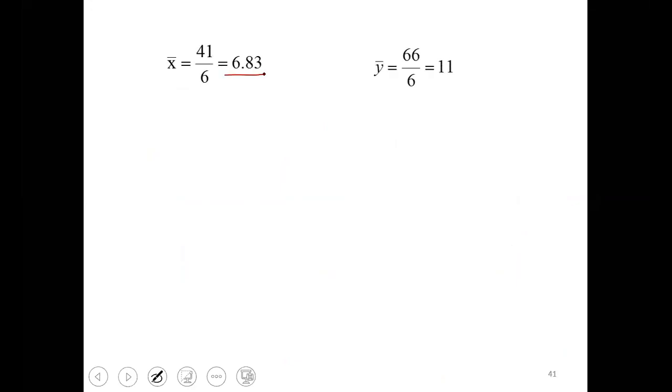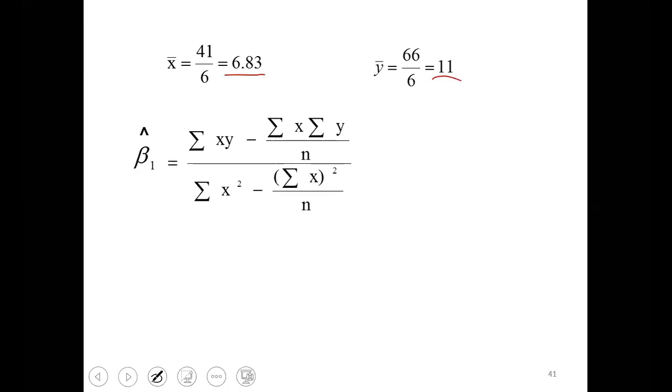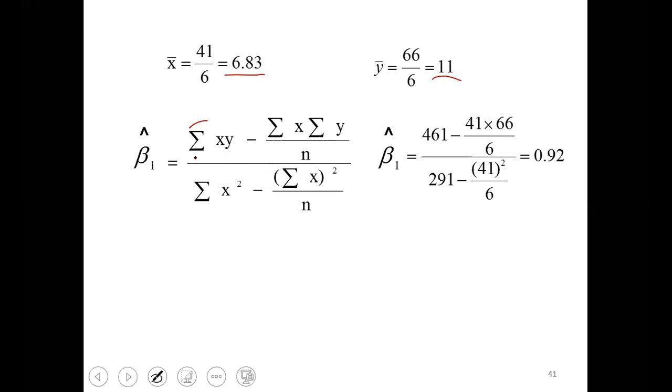We need these values. Then go with the beta 1 calculation. Simply we'll have to substitute all the values. From the previous table, we know all these values. Can you remember? So put all these values into the formula. You end up with beta 1 equal to 0.90.